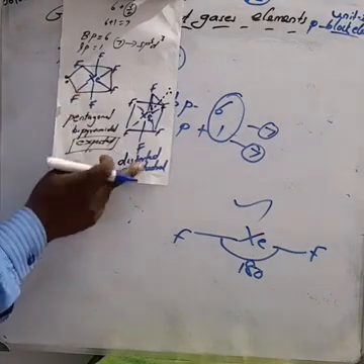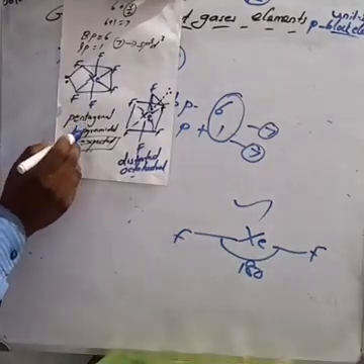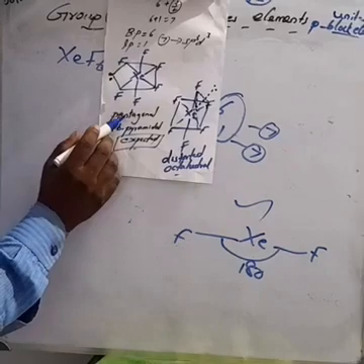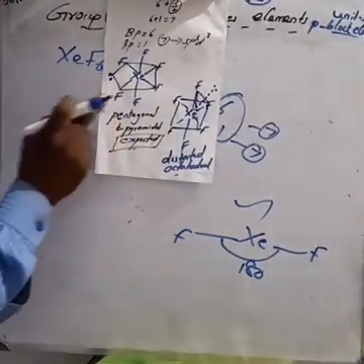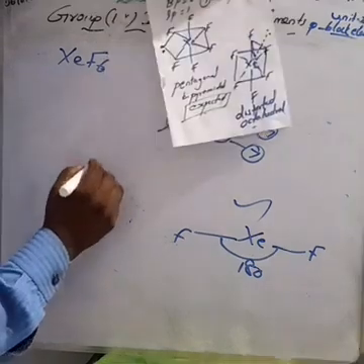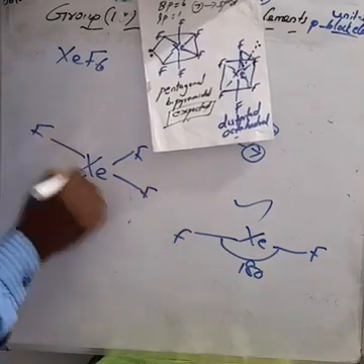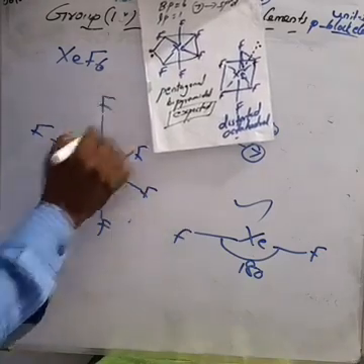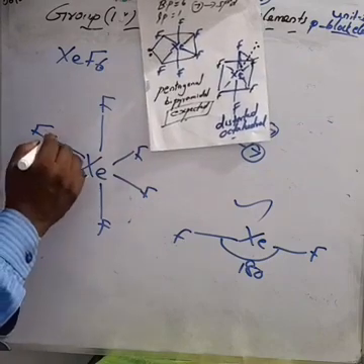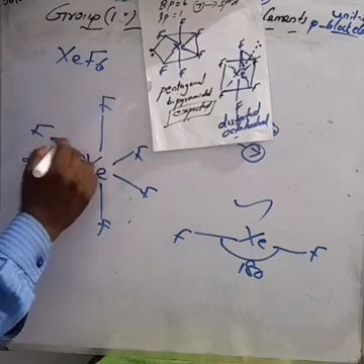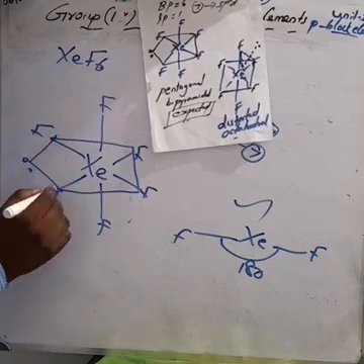With considering the lone pair, it is pentagonal bipyramidal. I am writing pentagonal bipyramidal. First I write xenon, then fluorine one, two, three, four, five. On this side I write one lone pair of electrons, and above also one fluorine. Joining these lines, there are five edges: 1, 2, 3, 4, 5.